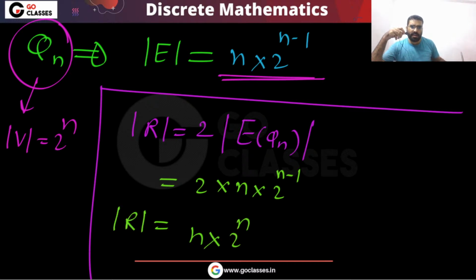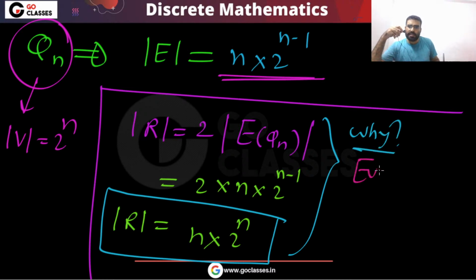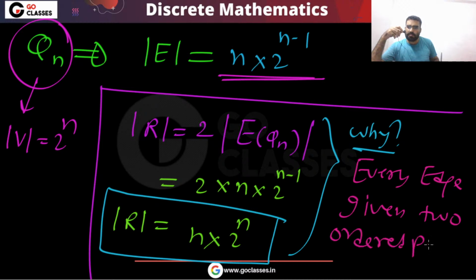In this relation, the cardinality will be n into 2 power n. Why? What is the reason? The reason is every edge gives you two ordered pairs in R.